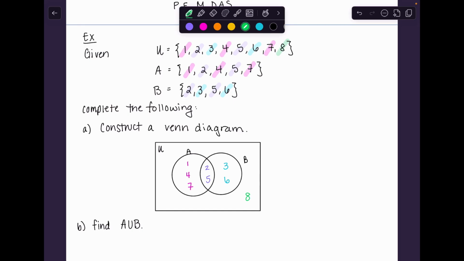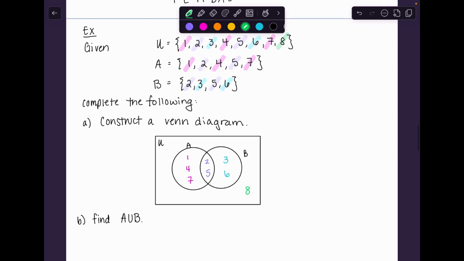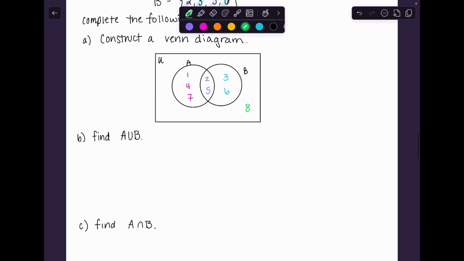So I'm going to utilize this Venn diagram to answer these different questions. Now what I'm going to do is draw a mini one right here, and let me make it a rectangle. I'm not going to fill in the numbers; I'll revert back to my original diagram for that.